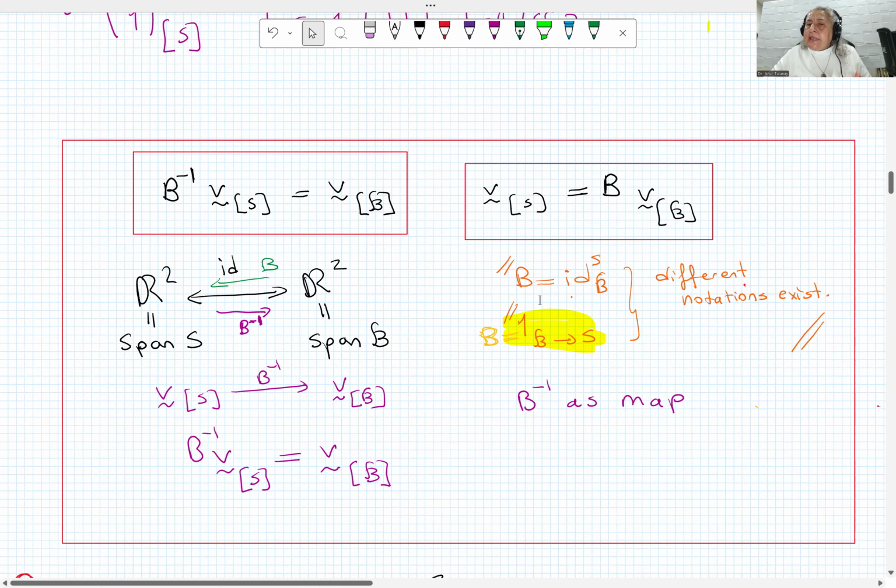You may see some notation like identity map, because it is basically an identity map: the vectors are exactly the same, but the representations of the vectors are different. So think of B inverse as a map. This is important for us because we will build more things on top of it. Okay.